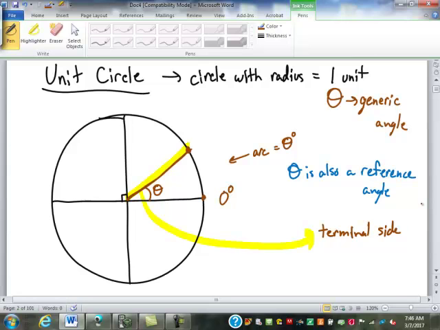If we think of that angle as being a rotation, 0 degrees is the initial side. And we rotate to the other side, the terminal side. So we start here and we end here.